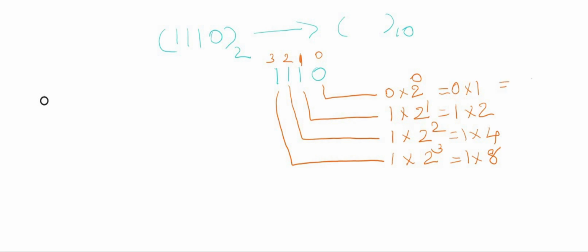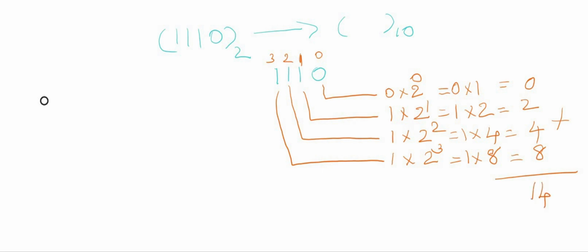Let us multiply: 0, 2, 4, 8. And let us add all these numbers together. 8 plus 4, 12, 12 plus 2, 14, 14 plus 0, 14 itself.